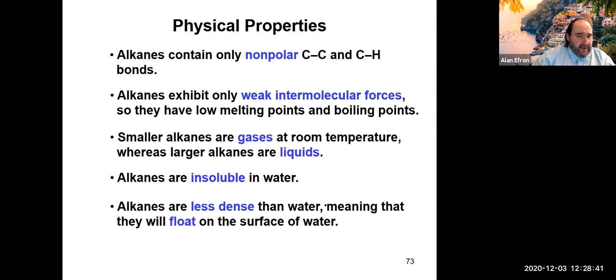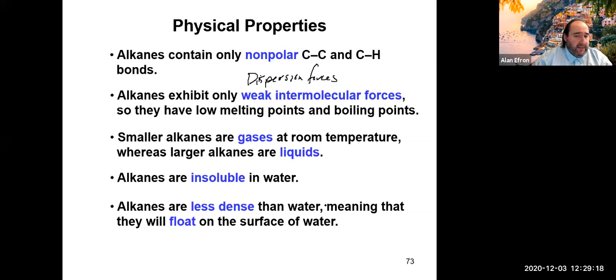Now, some of the properties of alkanes: because they are basically all carbons and carbons, that's obviously a nonpolar bond. Carbon and hydrogen is also a nonpolar bond. If you took the electronegativity difference between those, that's about 0.4, which is considered nonpolar. They are going to exhibit very weak intermolecular forces, essentially using dispersion forces, or London dispersion forces, which are relatively very weak.